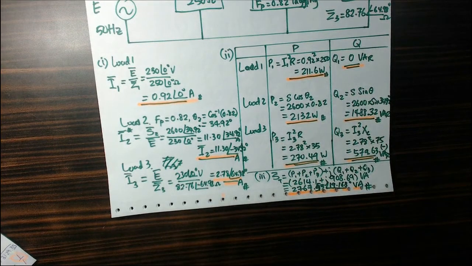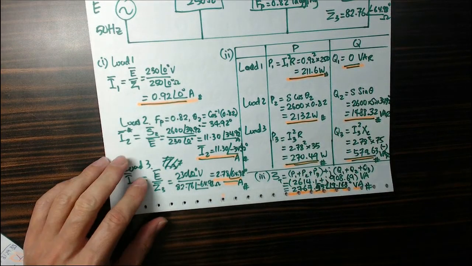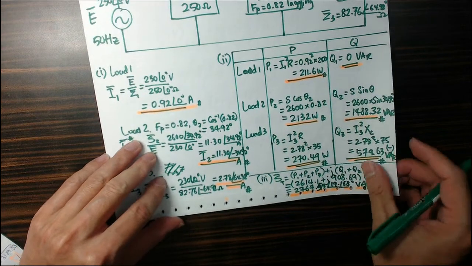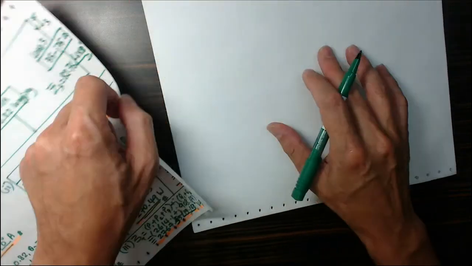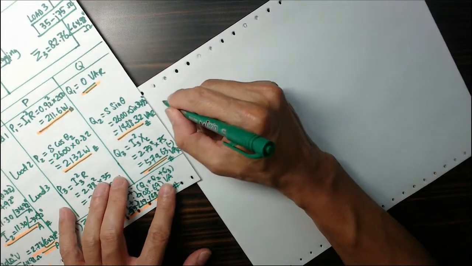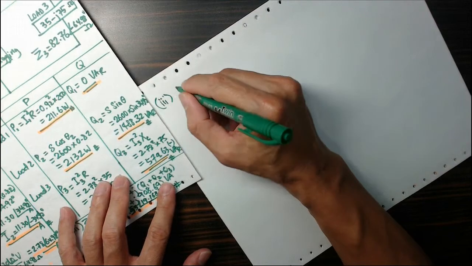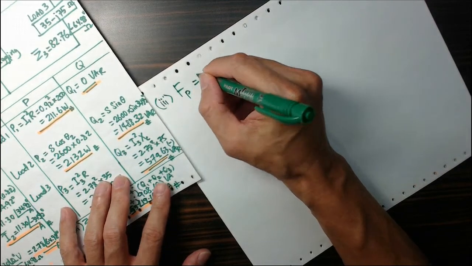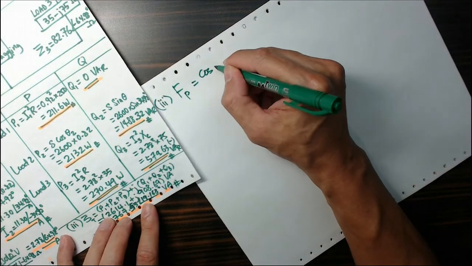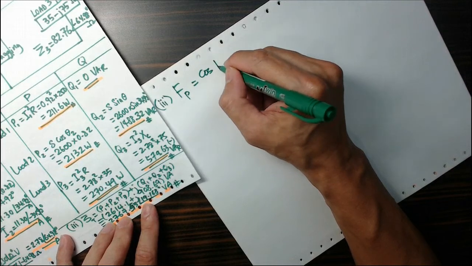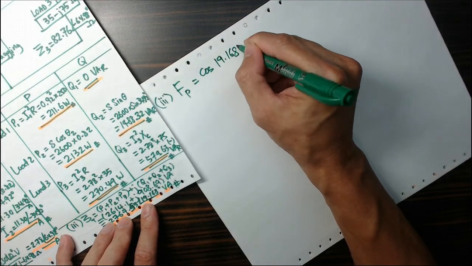Now, from this apparent power and angle 19.168, I can calculate the power factor. Hence, continuing on, the overall power factor is the cos of 19.168 degrees.